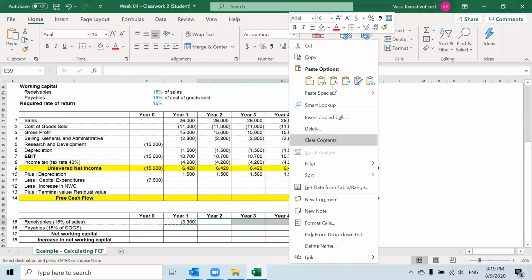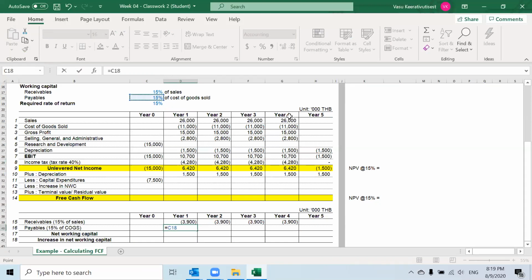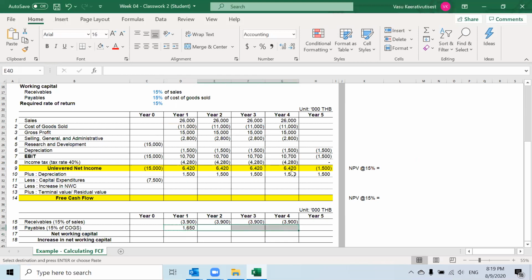Everything is very nice. And then payable, it is 15%, but in this case, we should compare with the cost of goods sold. But it should not be minus, because that is the money that you have to pay, but you haven't paid it yet.